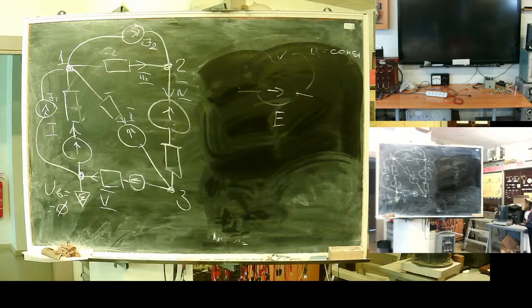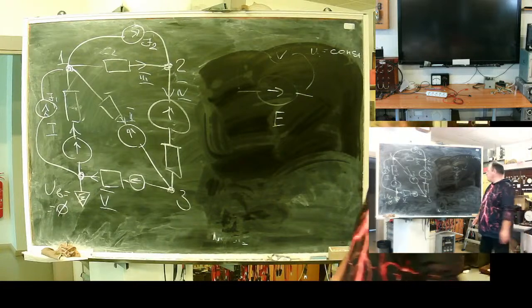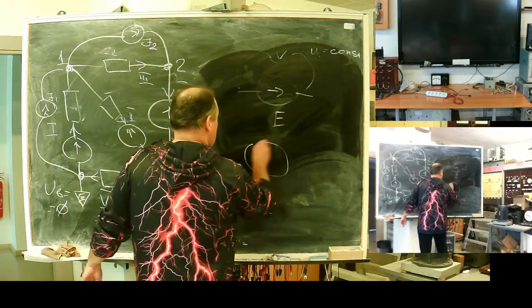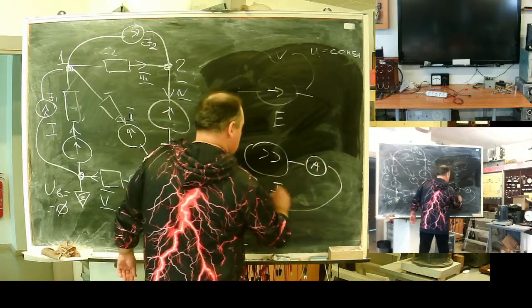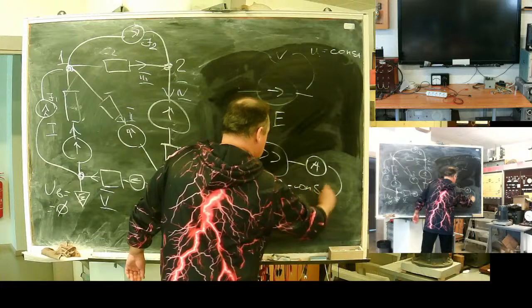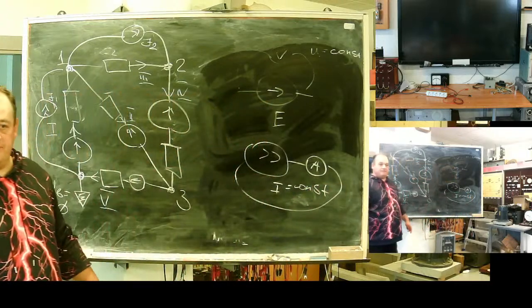Here I have a pair of batteries in a box. It's constant voltage. And another one where current is constant. Constant current. Yeah?